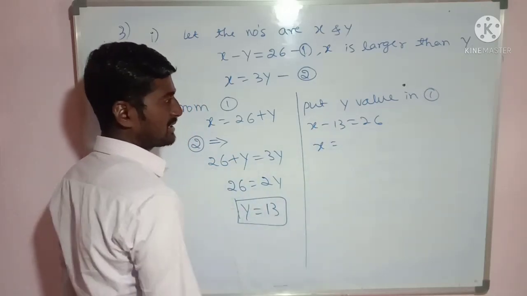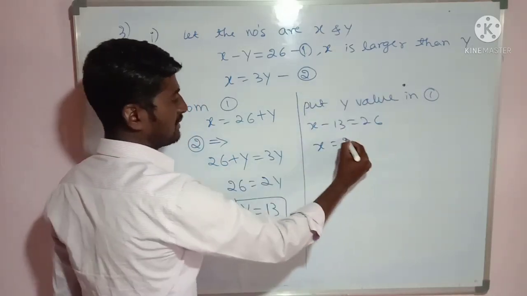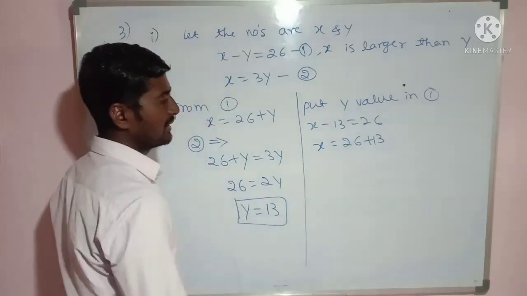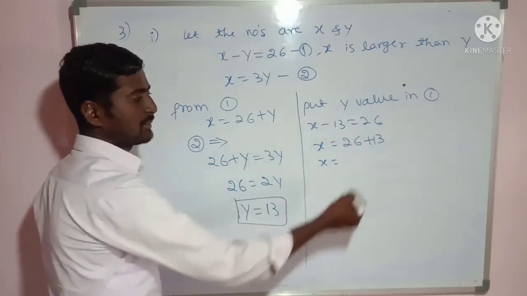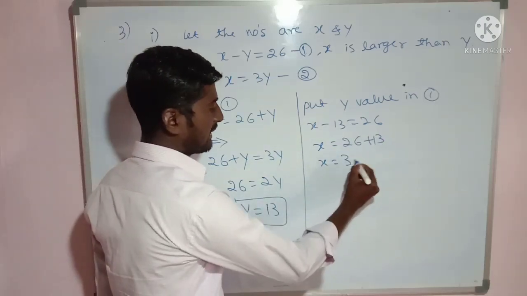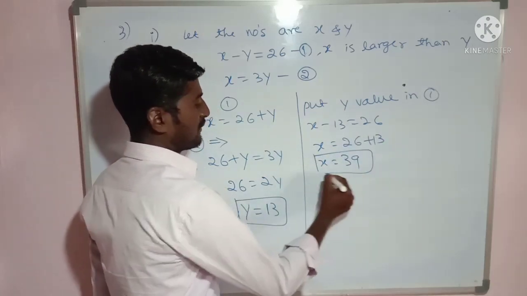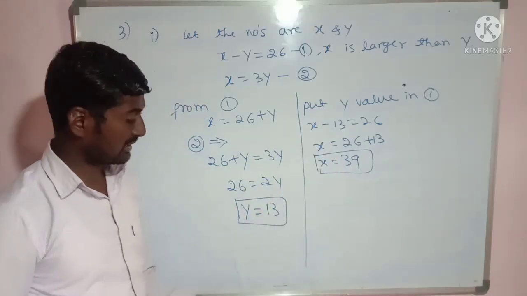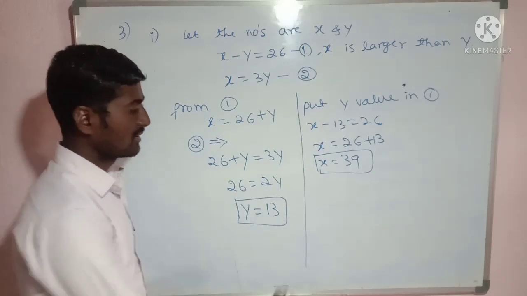Now x is equal to how much? 26 plus 13. That is how much? 39. Okay. So therefore the two numbers are 13 and 39.